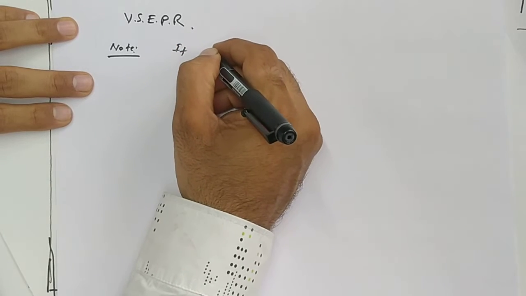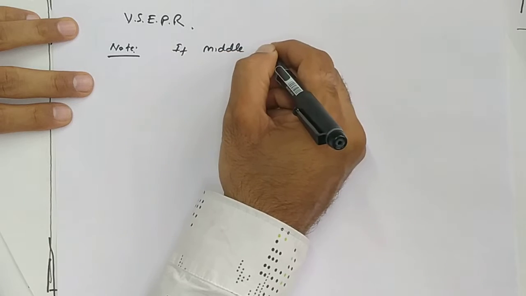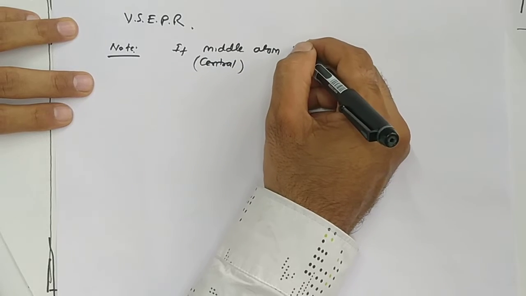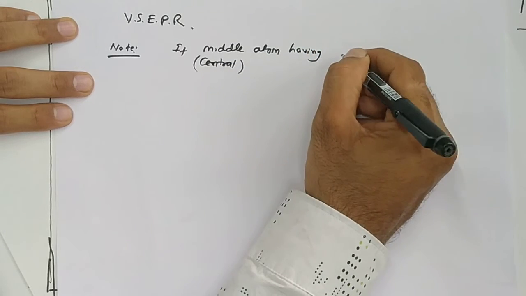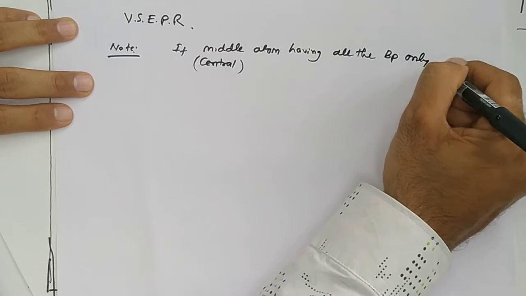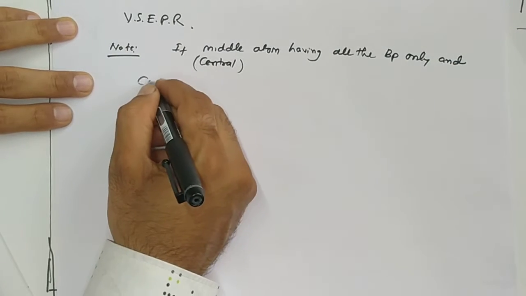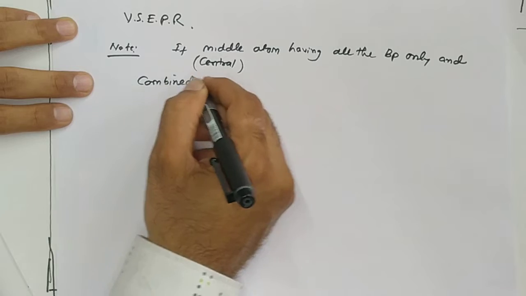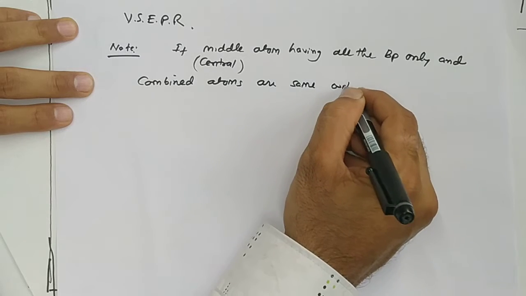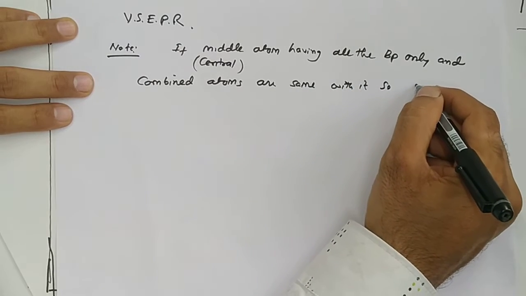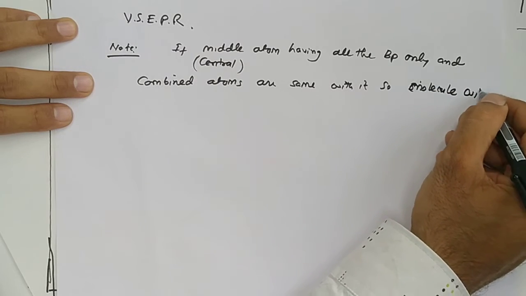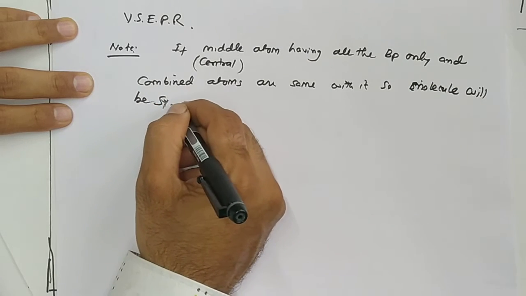If the central atom has all bonding pairs only and the combined atoms are the same, the molecule will be symmetric.